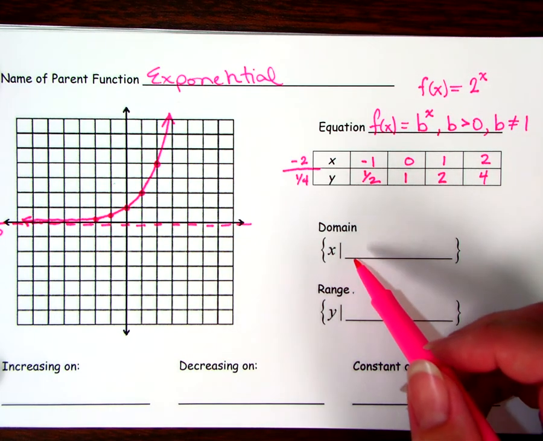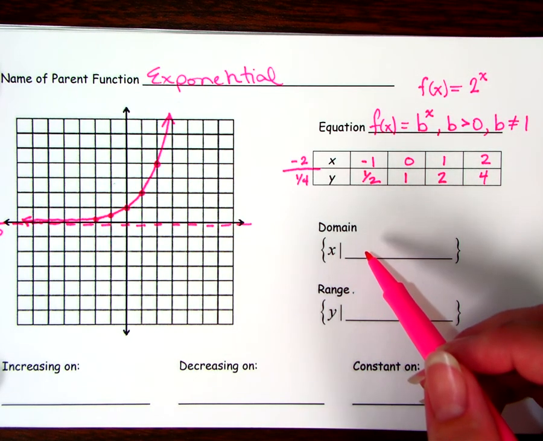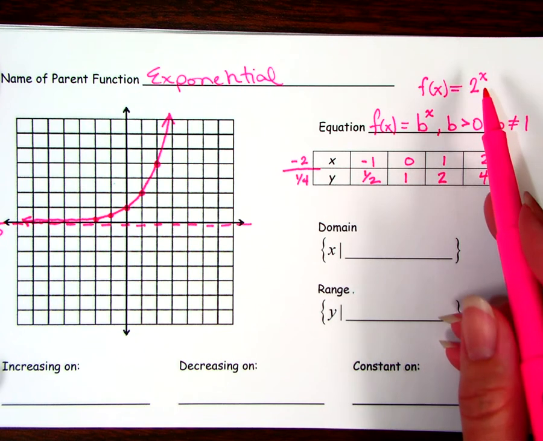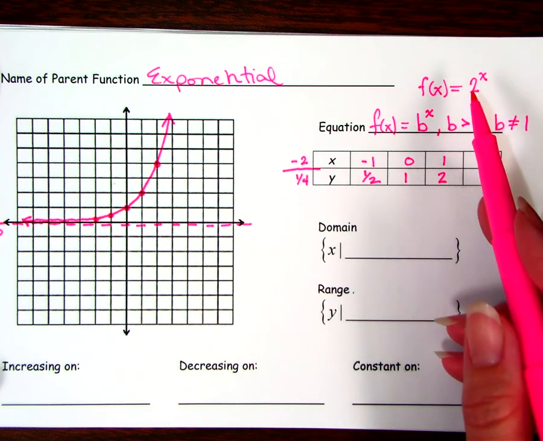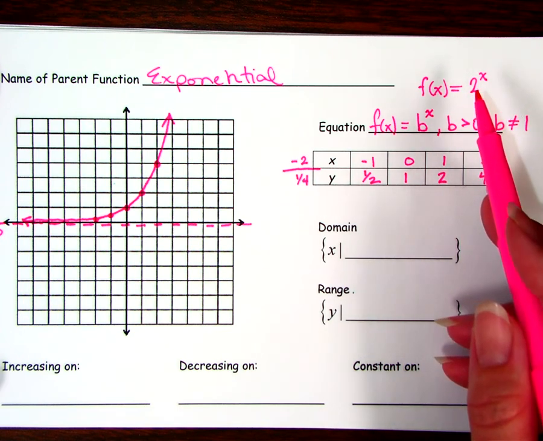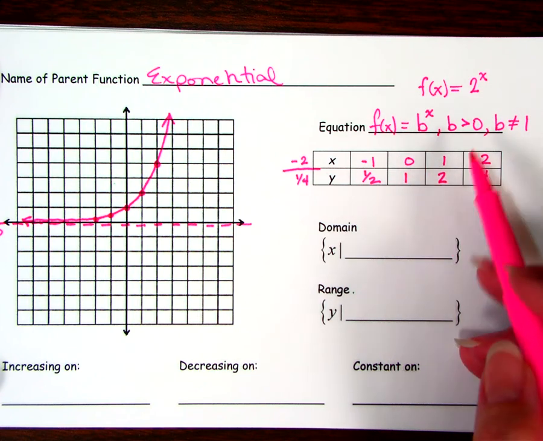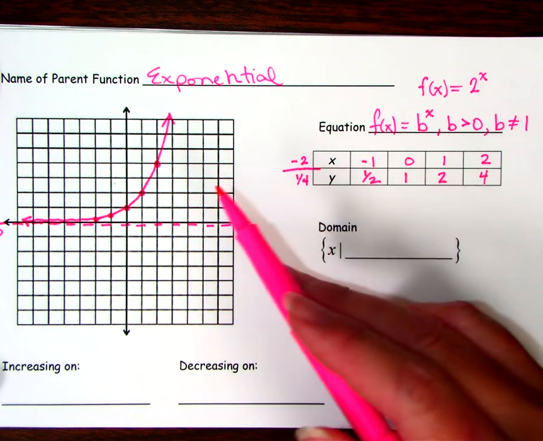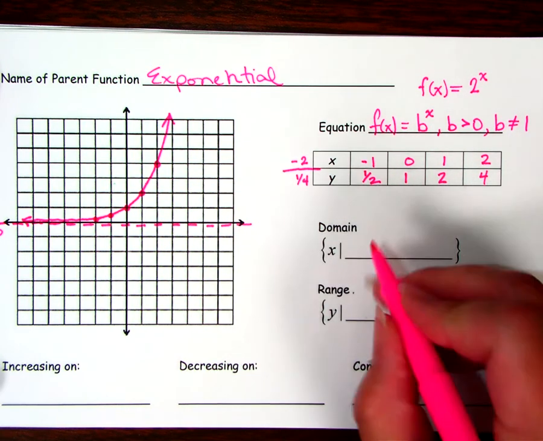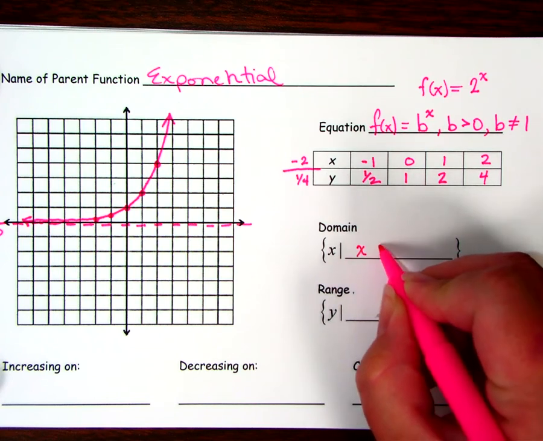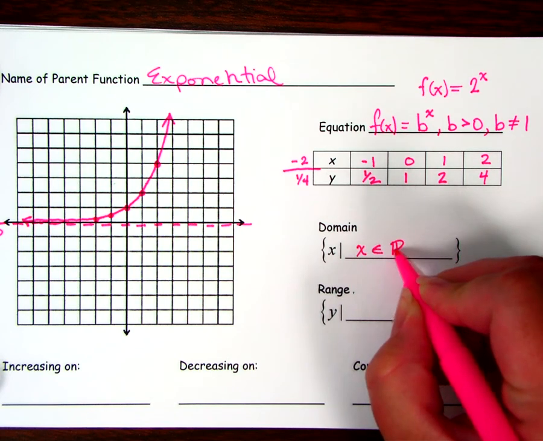So that kind of brings us into the domain. The domain is, of course, all of the x values for the graph, so they would be all the x values that are allowed for this function. Now we just discussed we could put in negative numbers, we could put in positive numbers, we could even put in fractions and everything. So that means the x can be any real number.